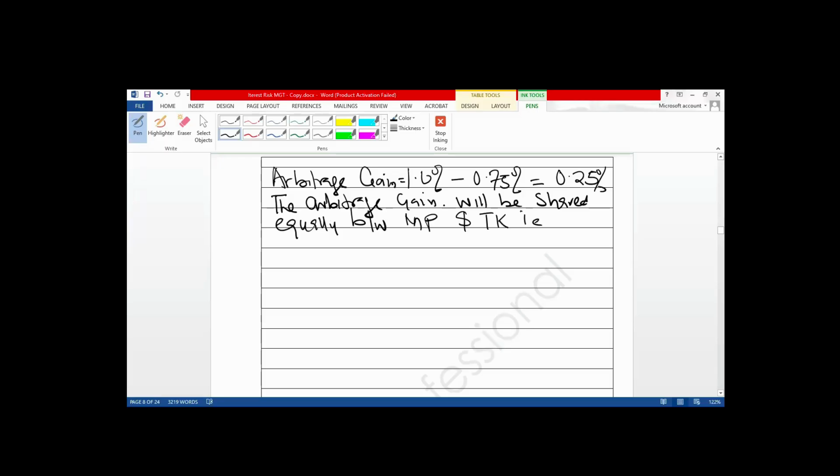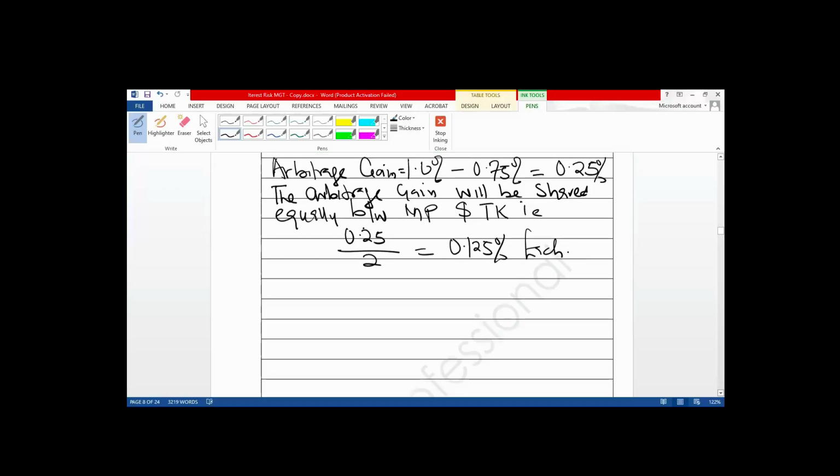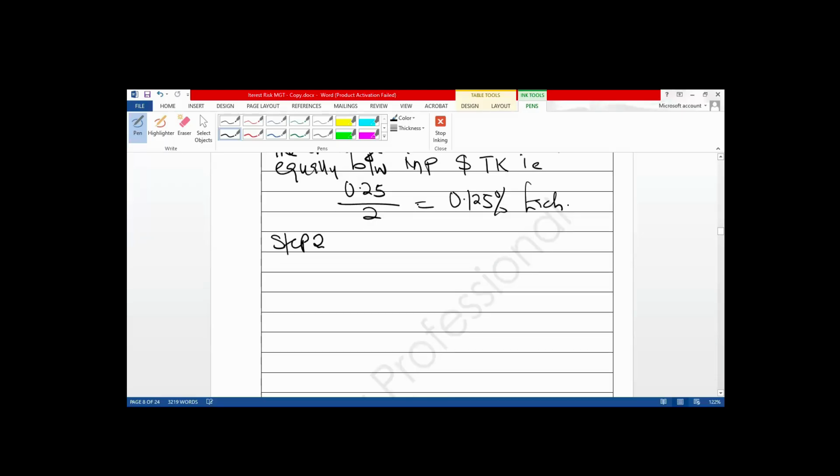Now, please ask yourself, who is better off borrowing at a fixed rate? Is it MP or TK? Who is better off borrowing at a fixed rate? The question is for the class.